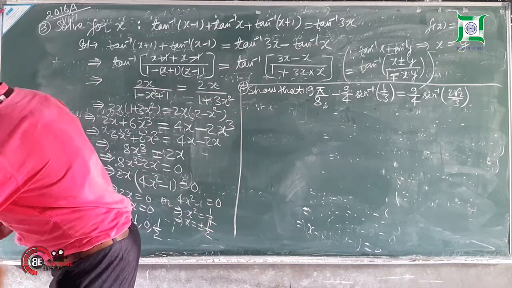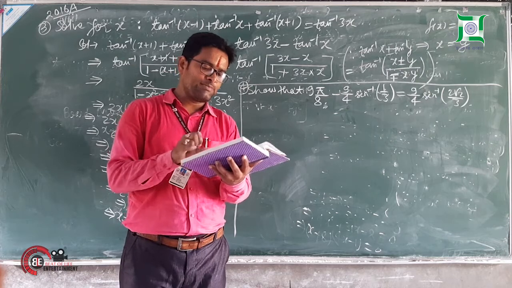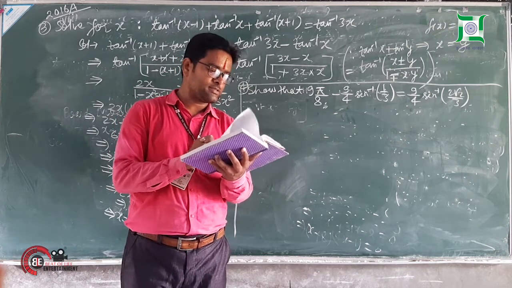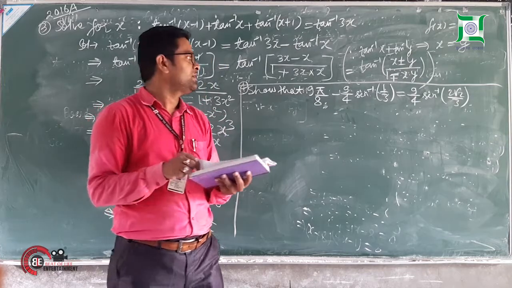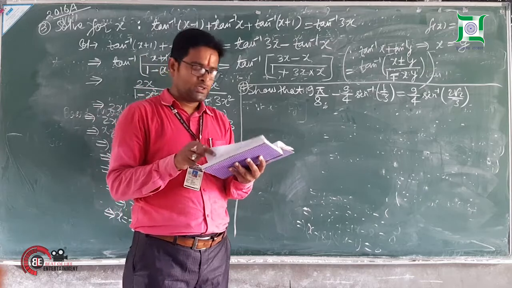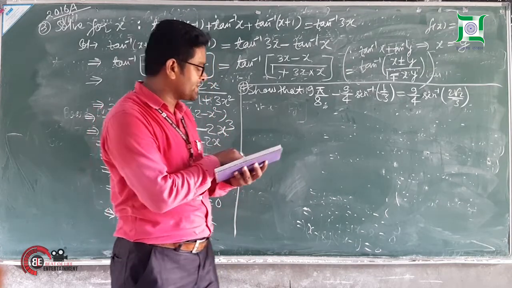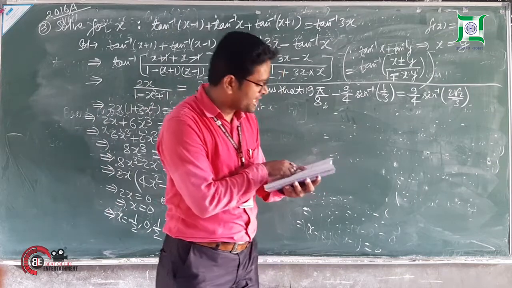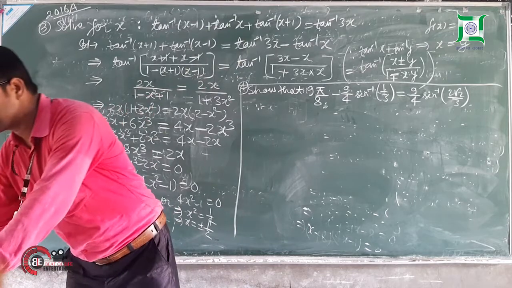You can see this question is given also in the NCERT miscellaneous exercise. It is question number 12 in the miscellaneous exercise of chapter 2: 9 pi by 8 minus 9 by 4 sine inverse 1 by 3 equals 9 by 4 sine inverse 2 root 2 by 3.